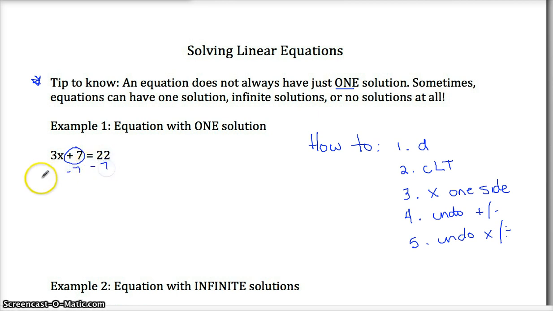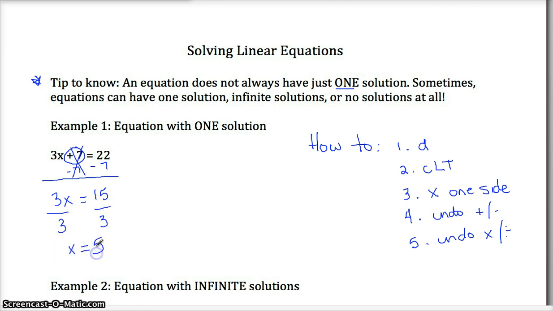Whatever you do to one side of the equation, you must do to the other. 7 take away 7 goes away, and 22 take away 7 becomes 15. Bring down what you haven't used. So 3x equals 15. Now we need to undo multiplication and division. So divide both sides by 3, and x equals 5.